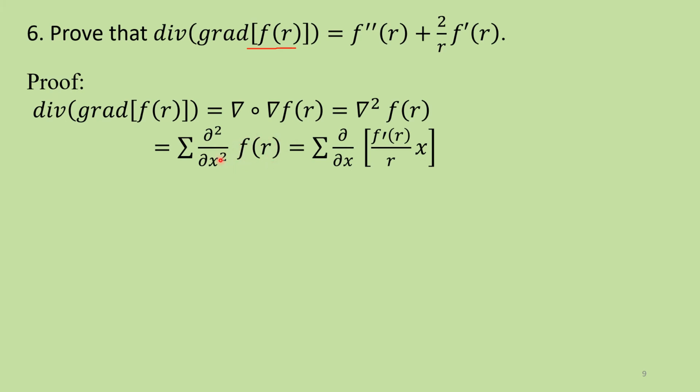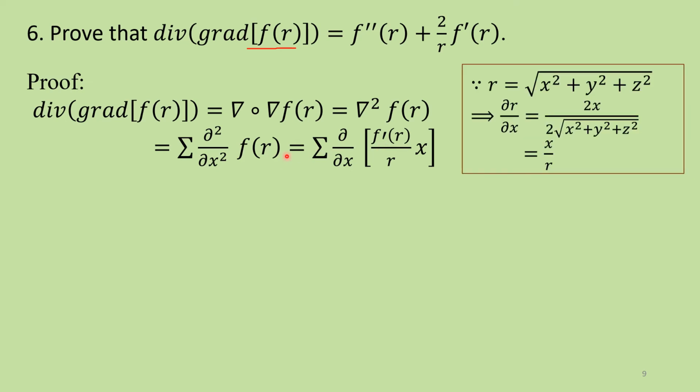So that is summation ∂/∂x of ∂/∂x of f of r. The derivative of f of r is f dash of r into the inner term r, ∂r/∂x. So what is ∂r/∂x? Since we know r is the square root of x square plus y square plus z square, differentiate partially with respect to x, treating y and z constant.